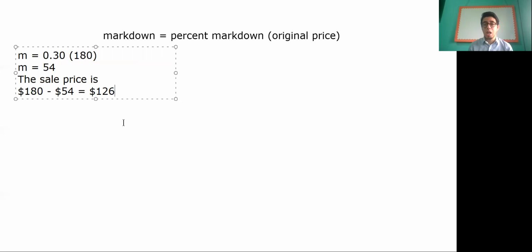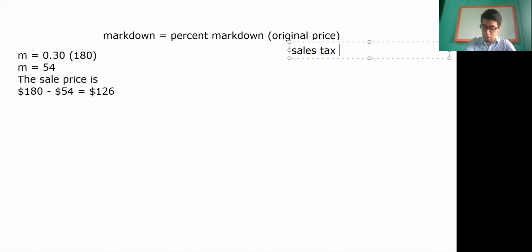In the second step, we need to find the sales tax. Remember, they ask for two different things. So in this sales tax, we need to find the tax using a similar equation to the one we have in here. I'm going to write it on the other side. I say that the sales tax is going to be equal to the percent multiplied by the sale price.